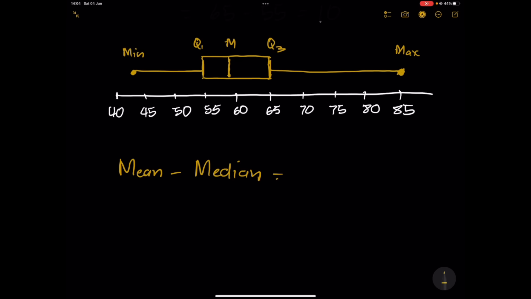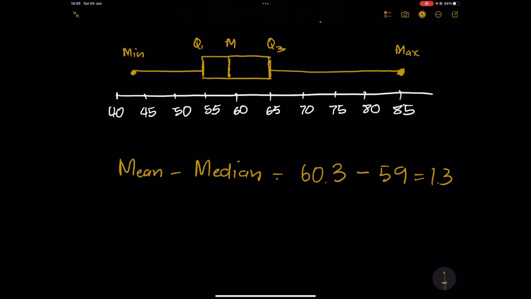Our mean value was 60.3, if I remember correctly, and our median was 59. And what do you notice? It's exactly what we thought. We get a value of positive 1.3, and in this case it's a positive value.